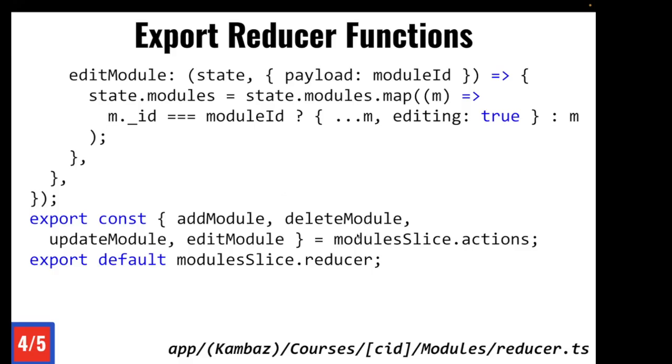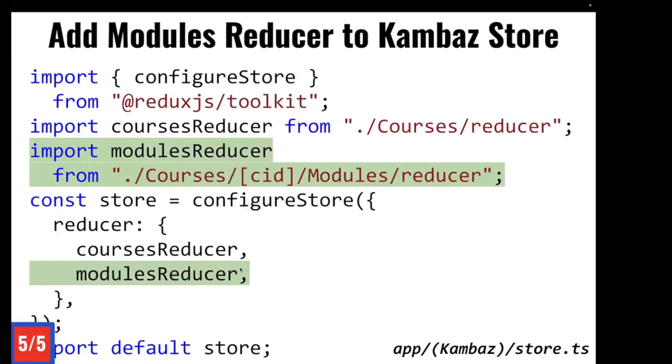Now we're going to add this new reducer to the store. Already we have the courses reducer in there. We're going to append here the modules reducer, so it's going to be accessible from our selector. We're going to be able to select the modules from this reducer. And here you would put all the other reducers for all the other slices of the data for different parts of the Kambaz application.